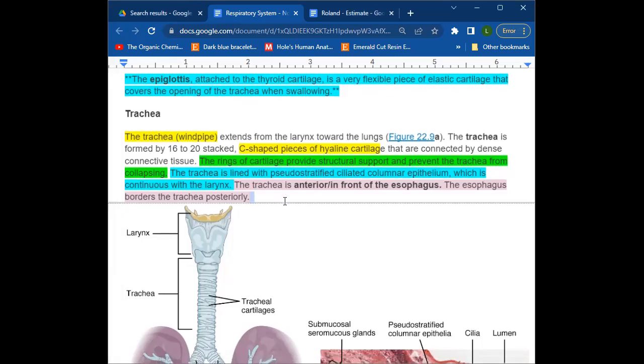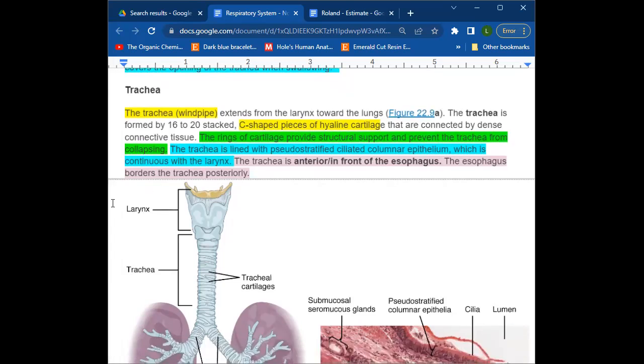Okay, then we also need to know that the trachea is supposed to be anterior, or in other words, in front of the esophagus. So that's actually why when you feel the front of your throat, you're actually feeling the trachea, not the esophagus.